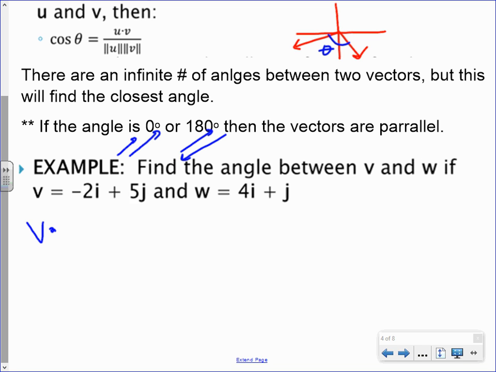Well, we know that the dot product, remind me, was it -3? Yeah? Okay. And then we also need the magnitudes. We need the magnitude of V and the magnitude of W. So we just have to use that Pythagorean theorem, the square root of a squared plus b squared.